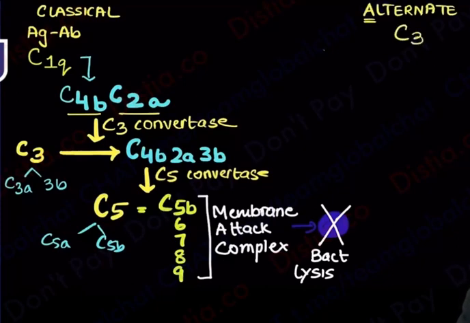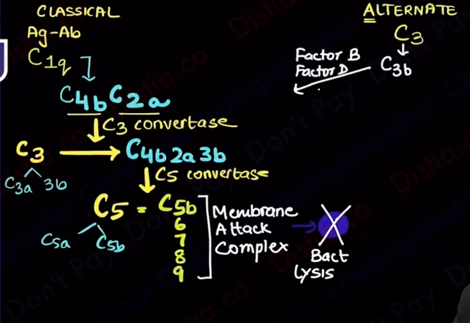So please remember, C3 is going to be broken into 3A and 3B as always. Every molecule is A and B. So this 3B is then going to combine with something known as factor B. Please listen to this very carefully. There is involvement of factor B, factor D, and properdin.